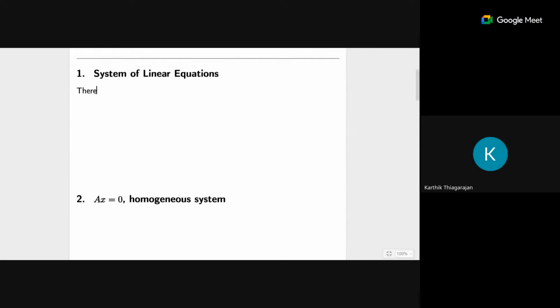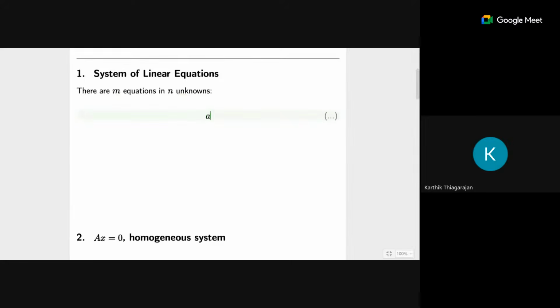Right now you already know what a system of linear equations is. There are m equations in n unknowns. This is the standard form: a11 x1 plus a12 x2 and so on till a1n xn, so there are n coefficients in each row, equal to b1.